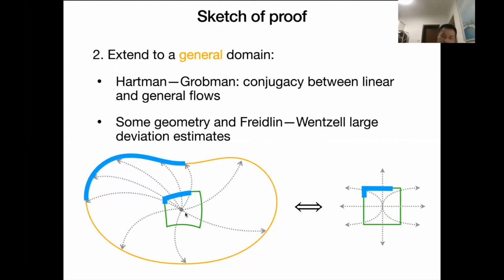Basically, once the process exits the skewed box domain, it's going to follow the deterministic flow up to a very small error, and we claim that error is controllable. It preserves all the estimates. So this is step two.